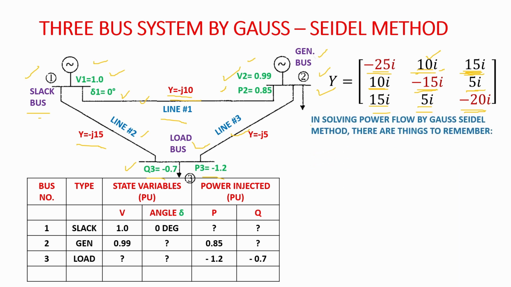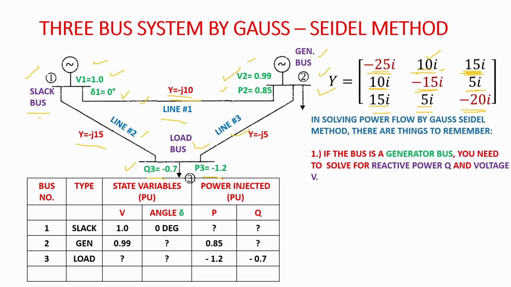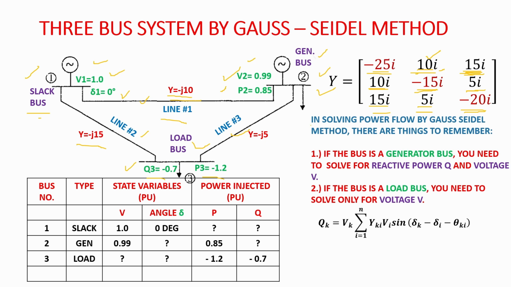In solving power flow by the Gauss-Seidel method, there are things to remember. Number one, if the bus is a generator bus, you need to solve for reactive power Q and voltage V. Number two, if the bus is a load bus, you need to solve only for voltage V. So this is the equation in solving the reactive power of bus k, which is Qk.